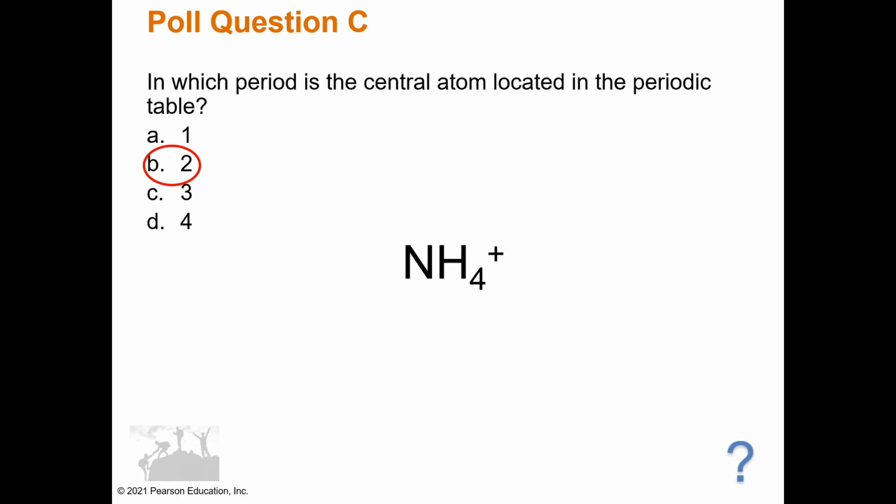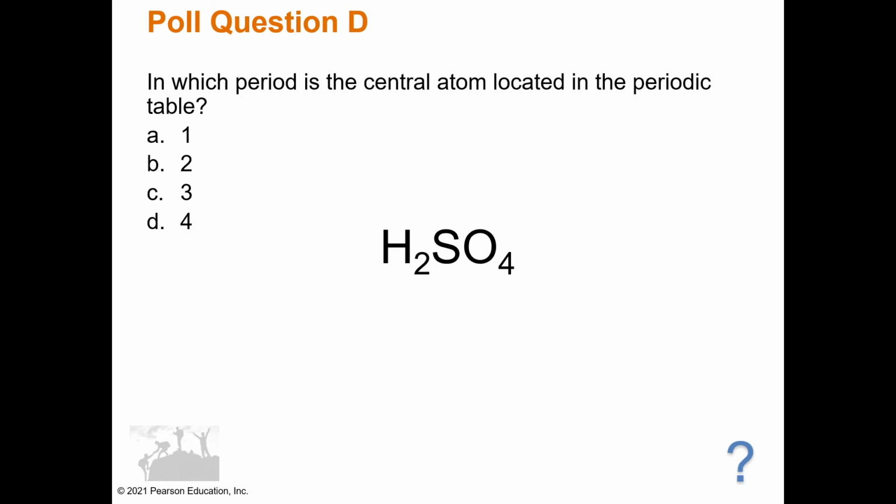Okay, so our central atom here is nitrogen. Our other option, hydrogen, is usually drawn as a terminal atom, so our only other choice is nitrogen. And looking at the periodic table, you'll see that it's in the second row, or in the second period.